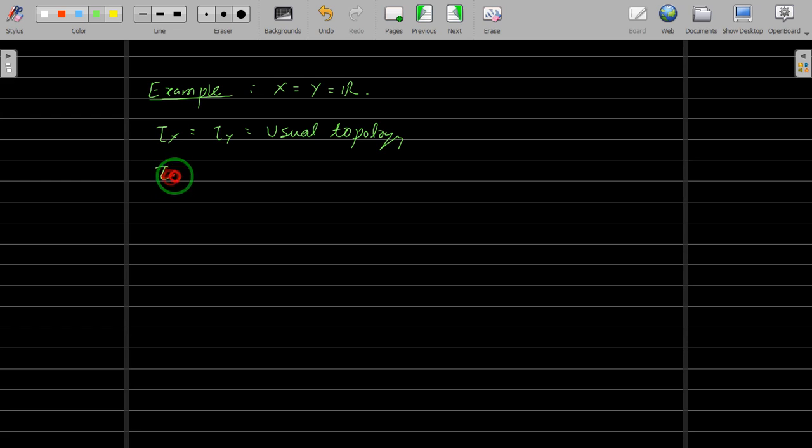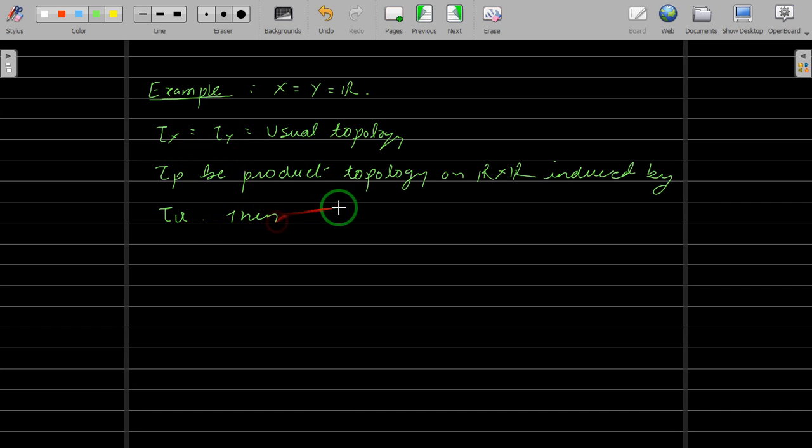Now let us take tau P to be the product topology on R cross R induced by the usual topology, maybe tau X, tau Y.